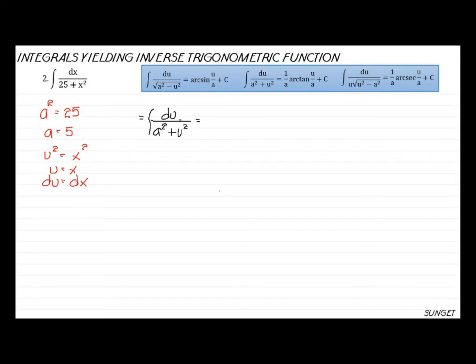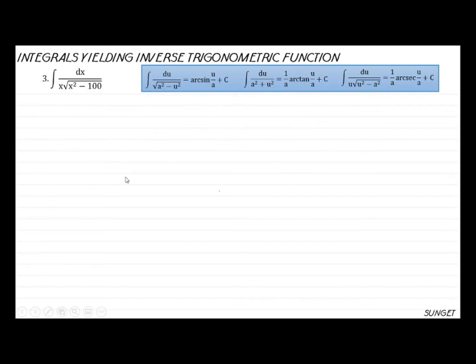The integral of du over a squared plus u squared is equal to 1 over a times the arctangent of u over a plus c. Then substitute the value of a and the value of u. So we have 1 over 5 times the arctangent of u, that is x over 5, plus c.